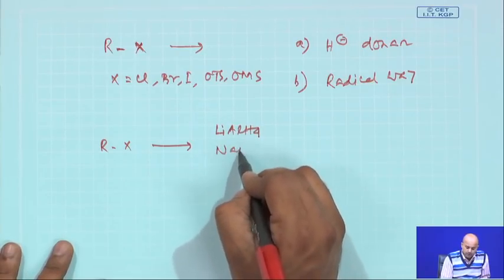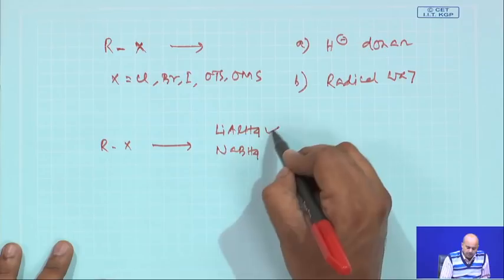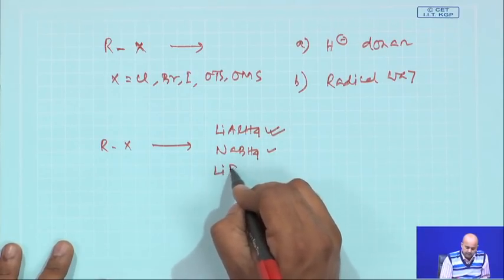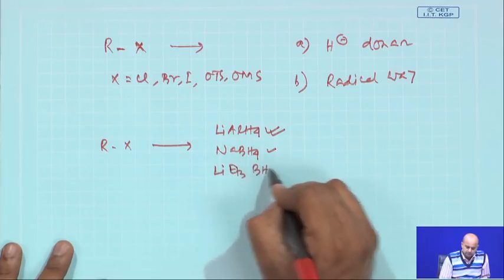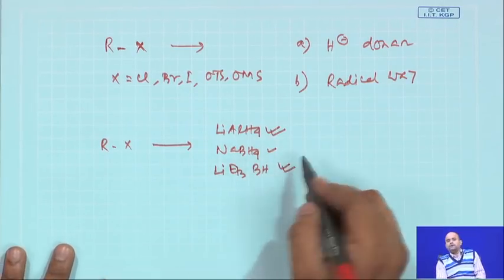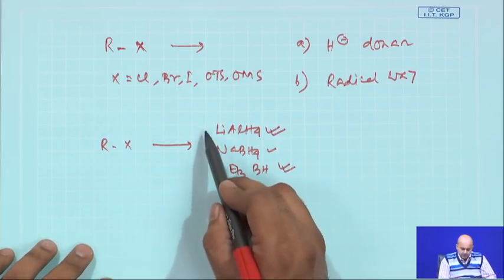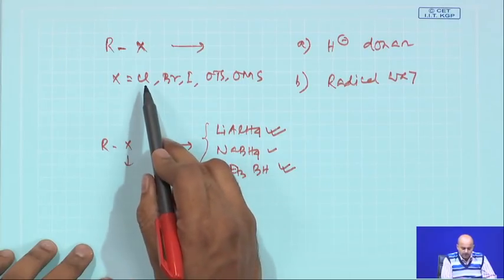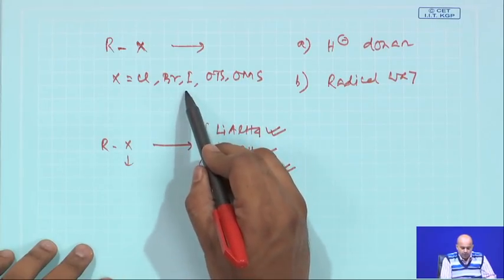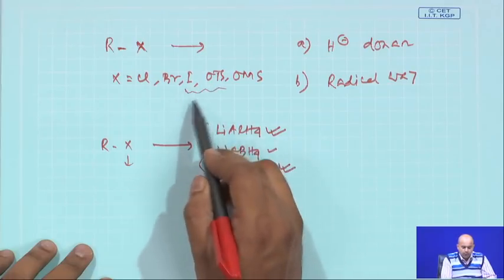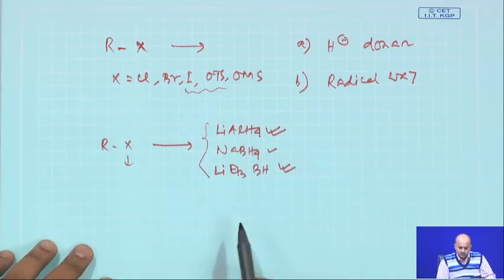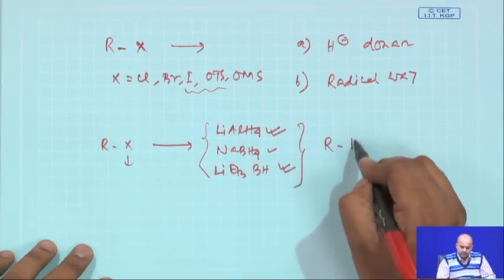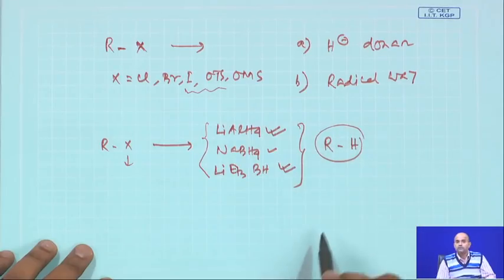Sodium borohydride sometimes works, but lithium aluminum hydride is very active. Superhydride, LiEt3BH, works very well. X could be any halogen, and if you have a good leaving group like iodo or tosylate, the reaction is faster, and you will always get the corresponding hydrocarbon in very good yield.